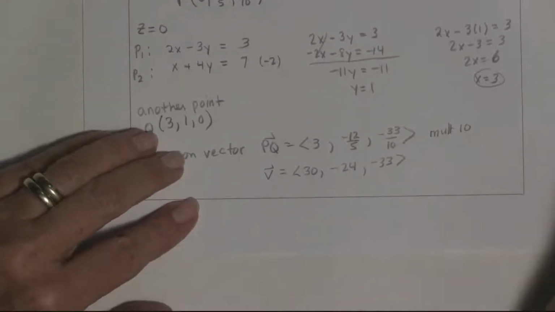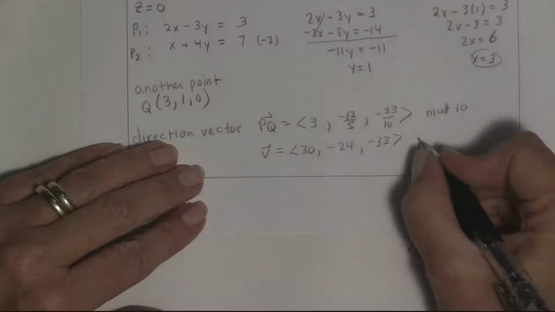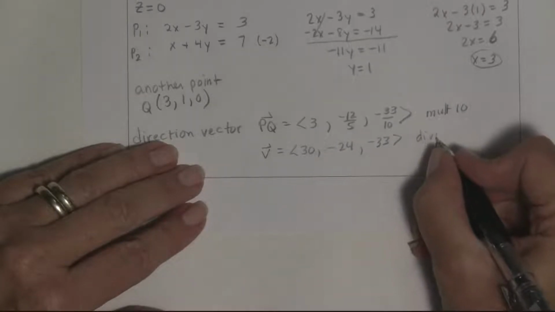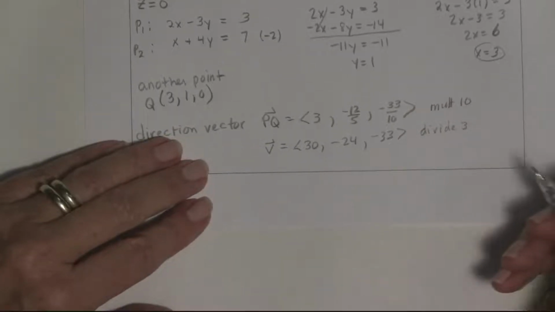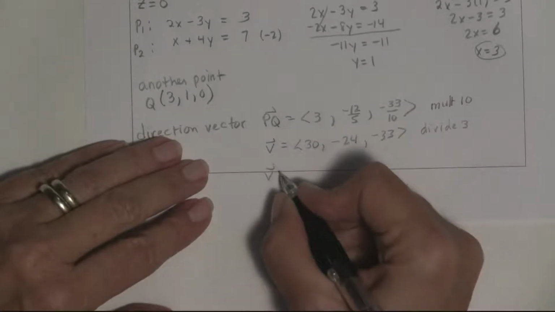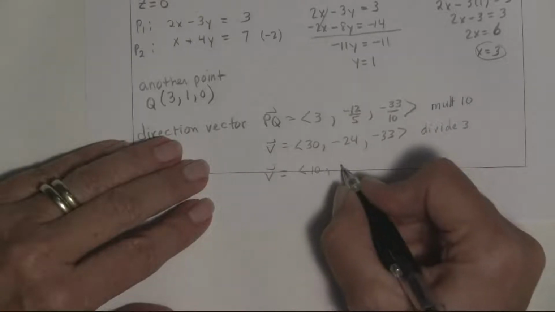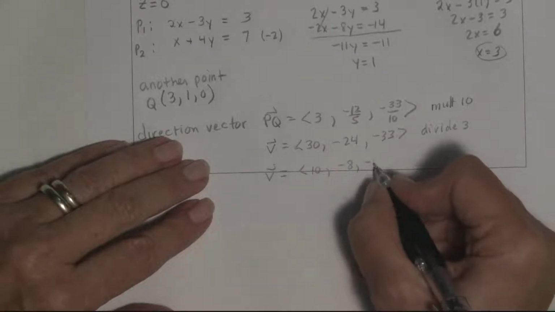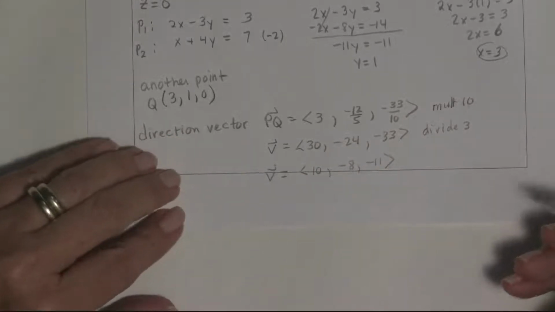And then I notice they all divide by 3, so I could divide by 3 if I wanted. Or could I just live with that? Well, yeah, you could live with that too. So the real direction vector that I'm going to use is 10, negative 8, negative 11.